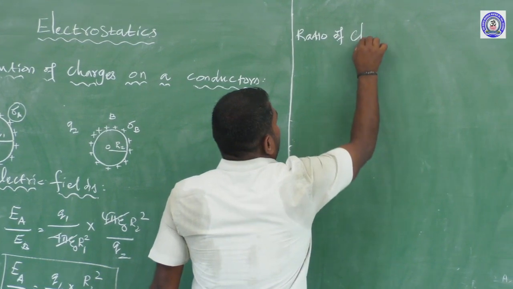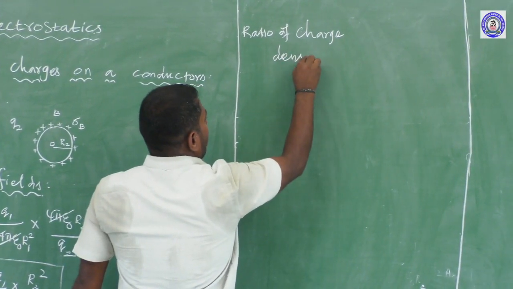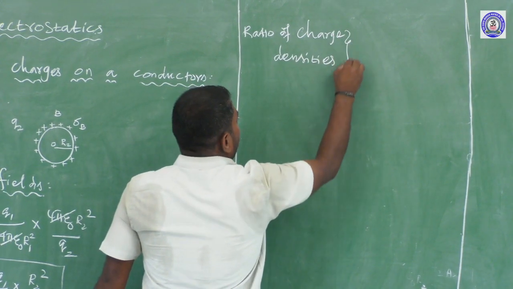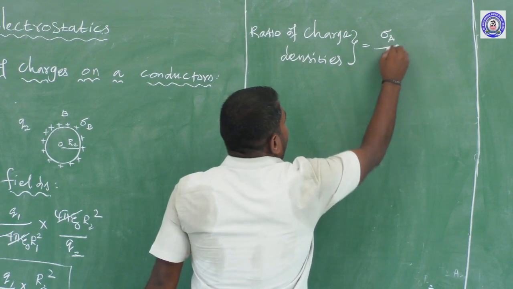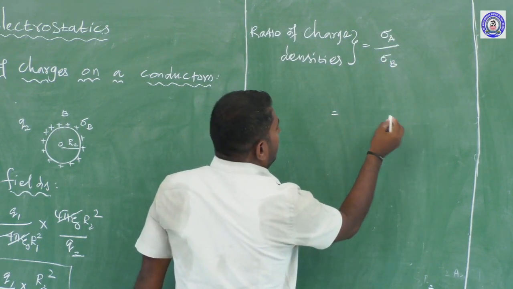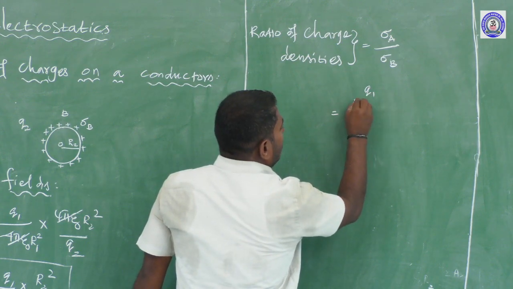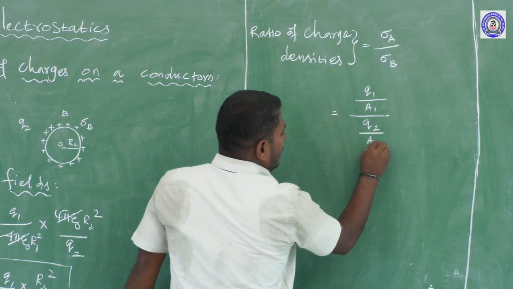Ratio of charge densities. Sigma A divided by sigma B is equal to Q1 divided by A1, divided by Q2 divided by A2.